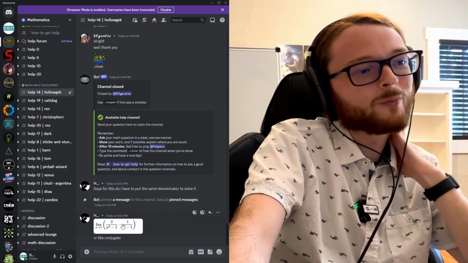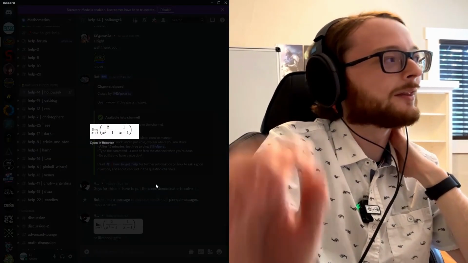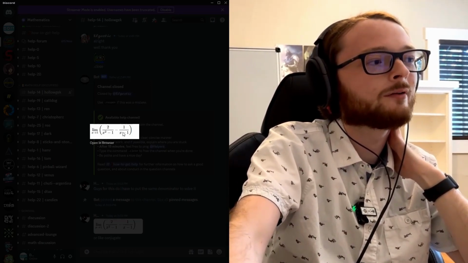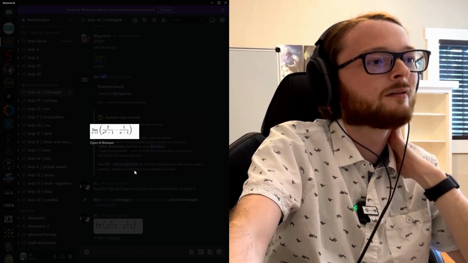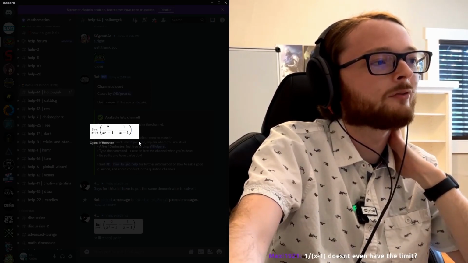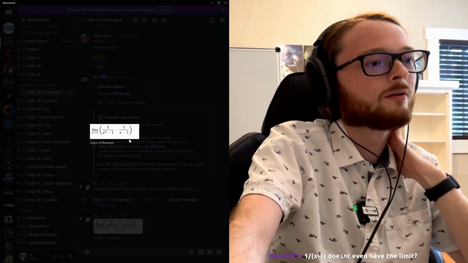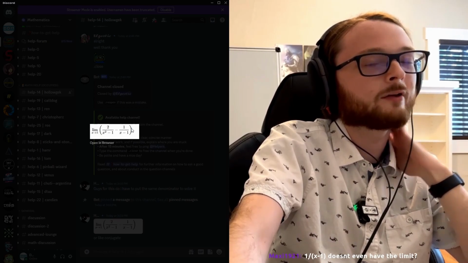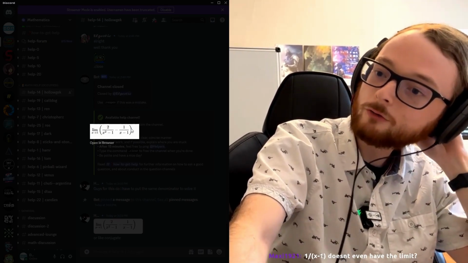So if they do multiply the one on the right by x plus 1, it's in parentheses, so I would think the limit is the entire thing. But if they did have x plus 1 up here, it'd be 2 minus x plus 1 on top over x squared minus 1.